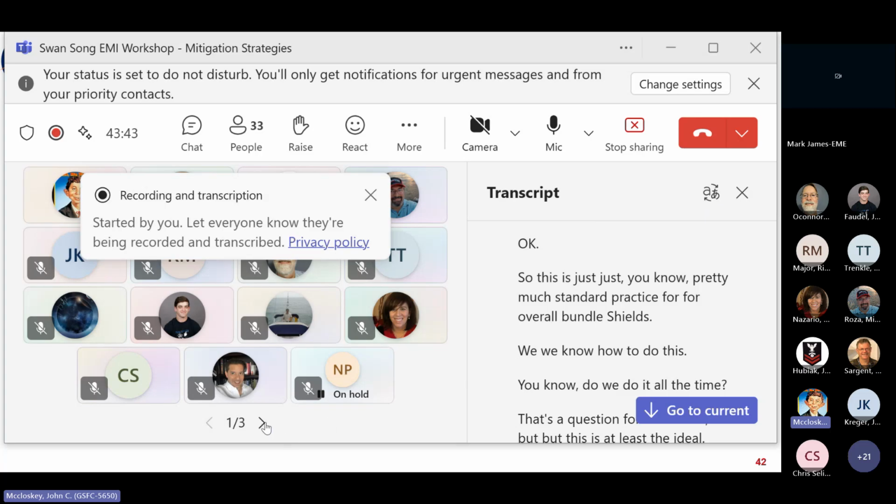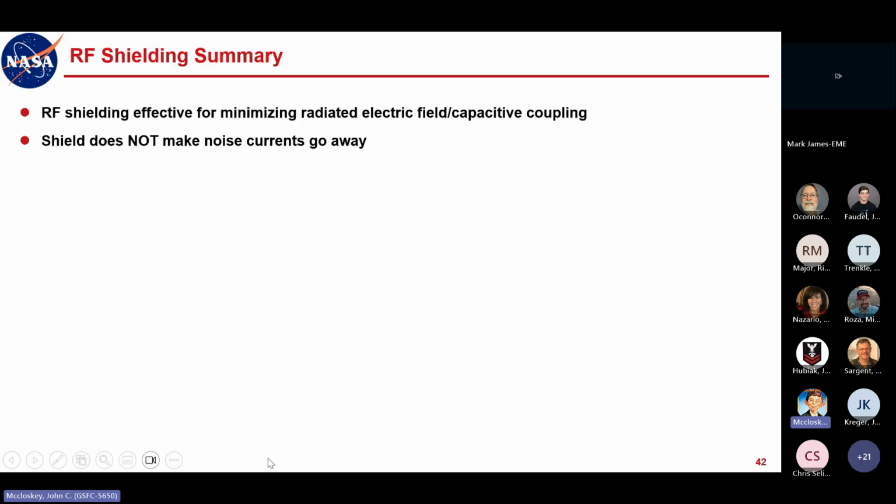Is everyone still seeing the charts? It says still sharing on my screen. Let me just stop sharing and I'll come back. No, it's fine. Okay, all right, good.